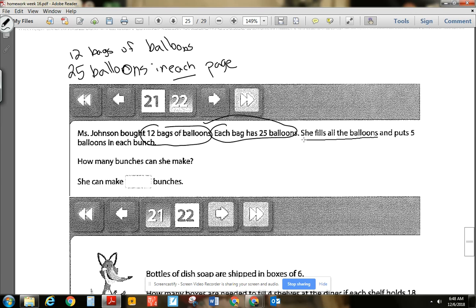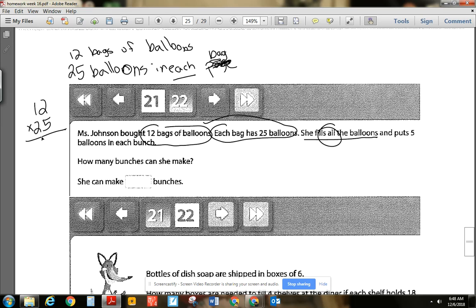She fills all the balloons. I wonder how many that all is. Well, she had 12 bags of balloons and there's 25 in each bag, right? So if there's 2 bags, there'd be 50 balloons and so on. So let's do 12 times 25.